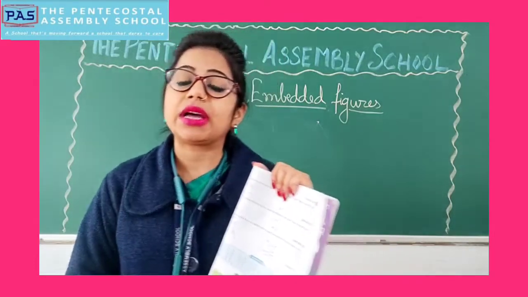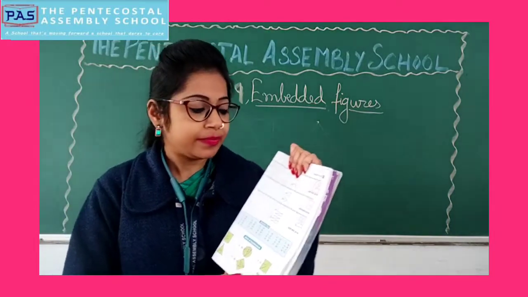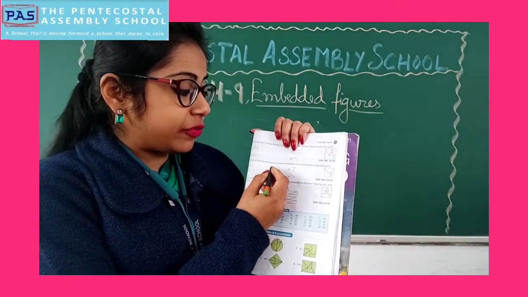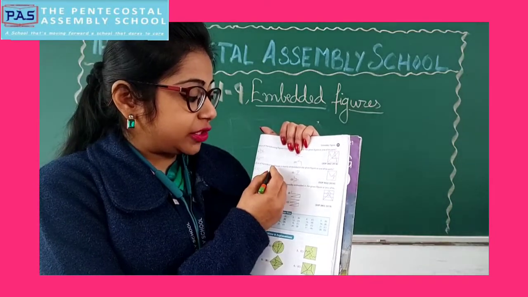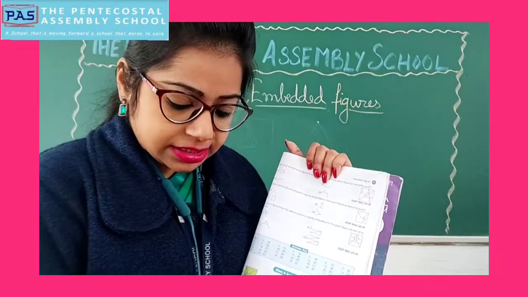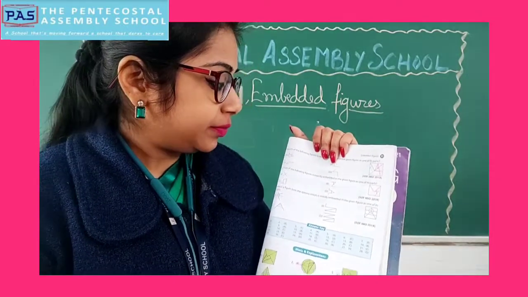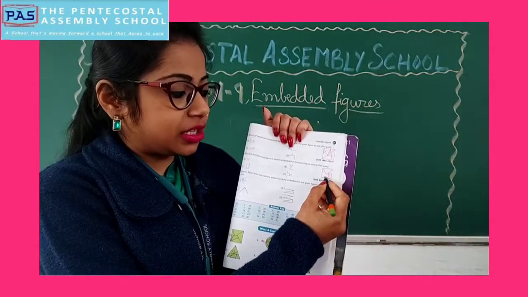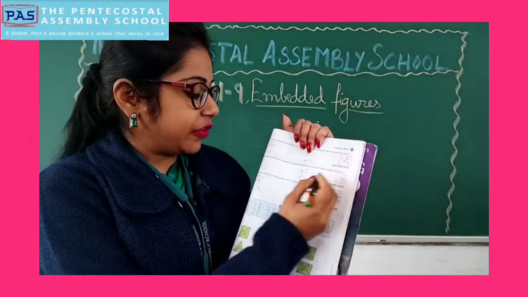Again the same pattern of question, but we will do it. Here you have to find out which figure is exactly embedded in the given figure as one of its part.